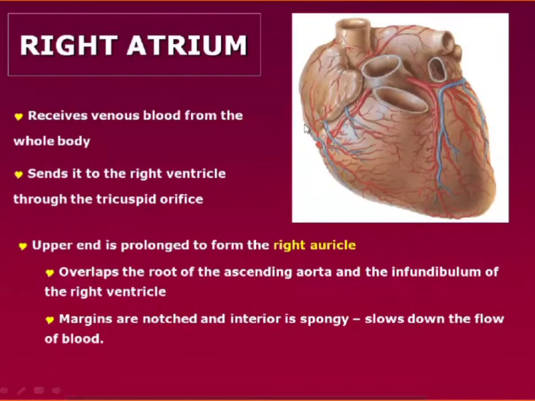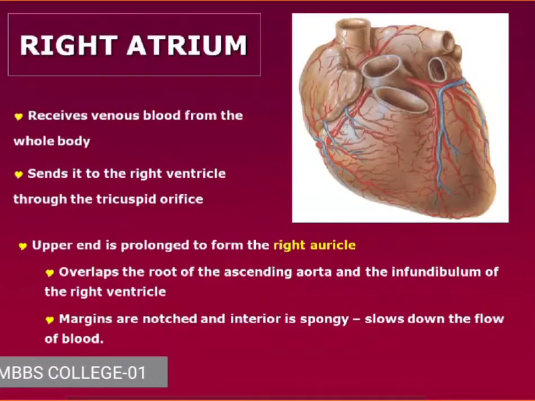Between the right atrium and the right ventricle there is the coronary sulcus, in which the right coronary artery along with the small cardiac vein is present, and the right atrium also forms 1/3 of the base of the heart. So this is about the external features of the right atrium.